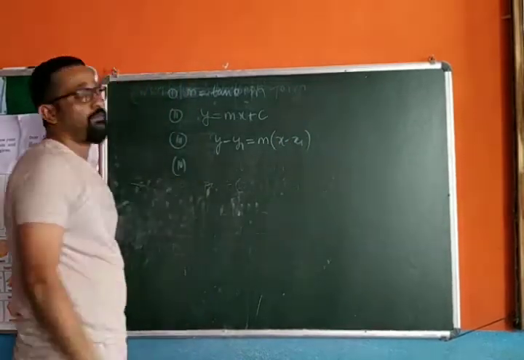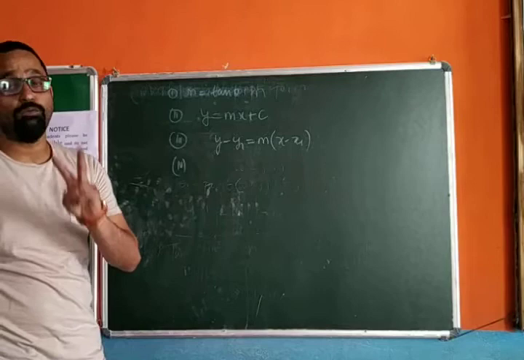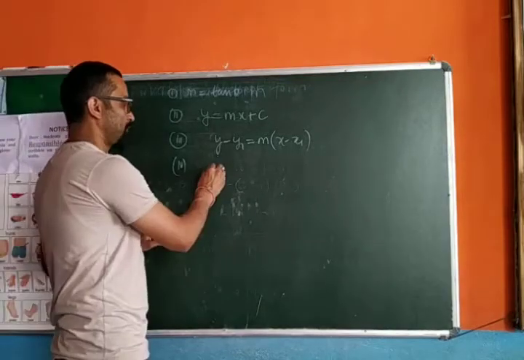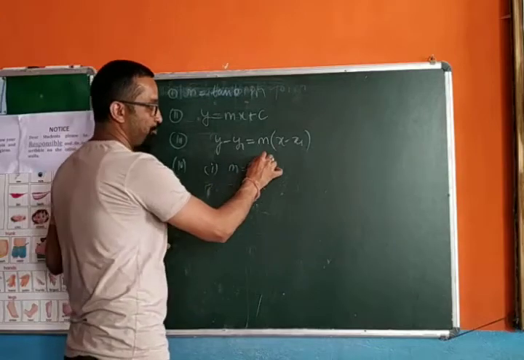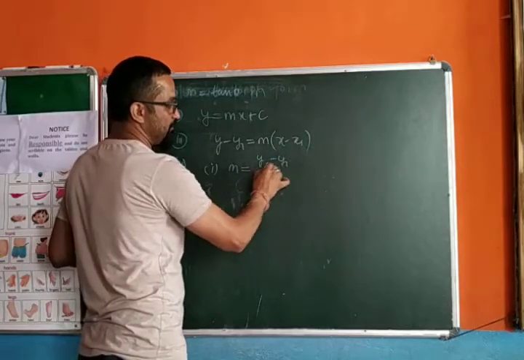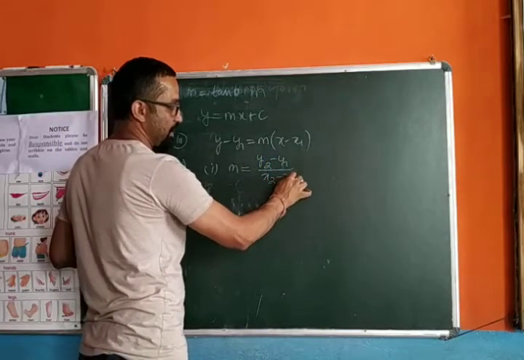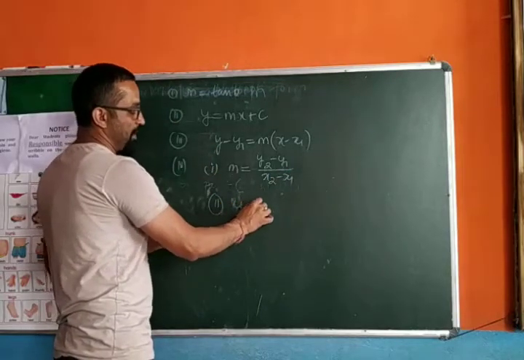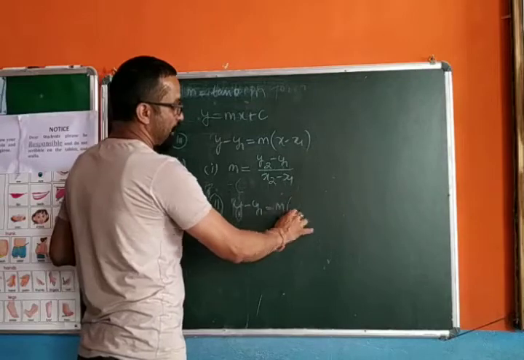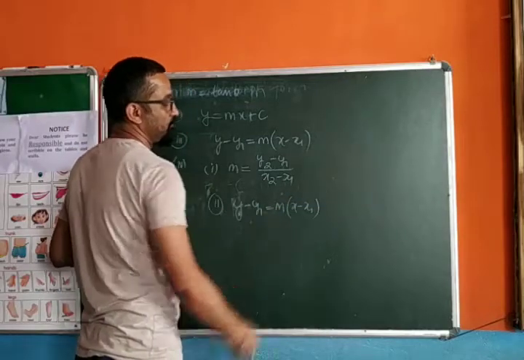Number 4 is 2 point form. 2 points will be given. First calculation will be for slope, y2 minus y1 divided by x2 minus x1, and second one will be the equation, y minus y1 equals m bracket x minus x1.